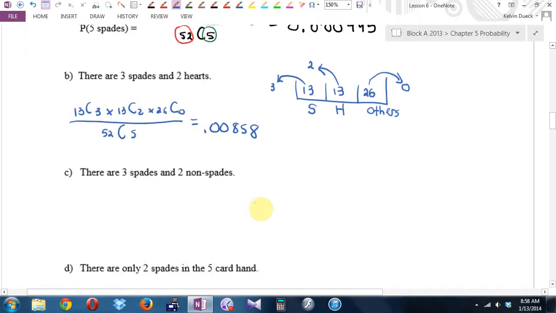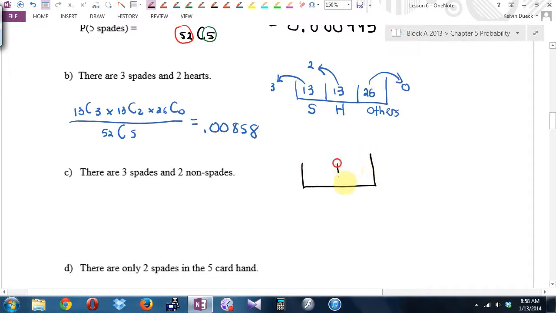C. There are 3 spades and 2 non-spades. This is almost like B, except in B we said the non-spades specifically had to be 2 hearts. Here, I think our bucket's only going to have 2 containers, 2 sections, spades and non-spades, because non-spades is others.